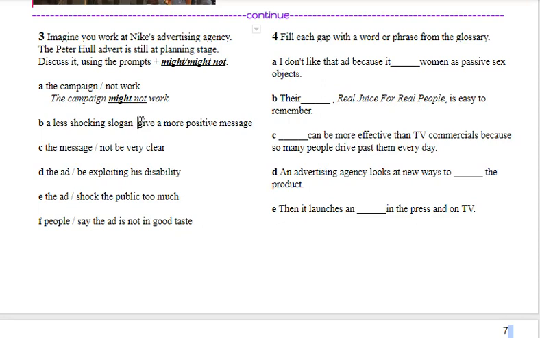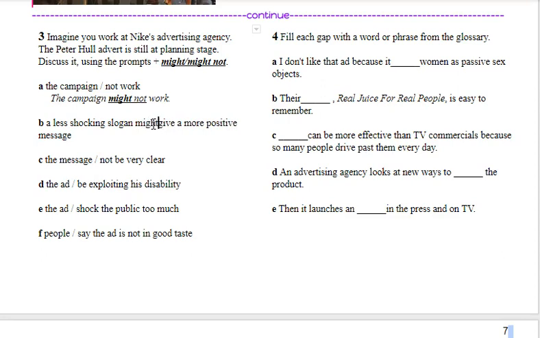All you need to do is to connect these two. Just try to connect them using might or might not. A less shocking slogan might, might not give a more positive message.